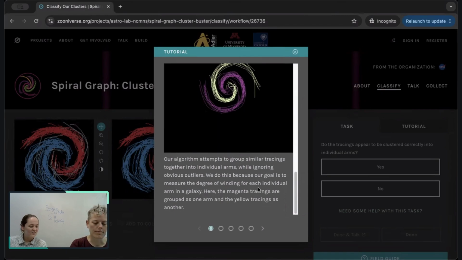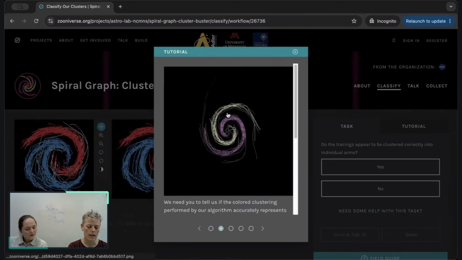Some of the lines stay grey because they've been classified as outliers in the colorings. This is important because our goal is to measure the degree of winding for each individual arm in a galaxy. So I assume that if they took each of the individual magenta tracings, they would get different degrees of winding from each of them, and so they need consensus in order to do that.